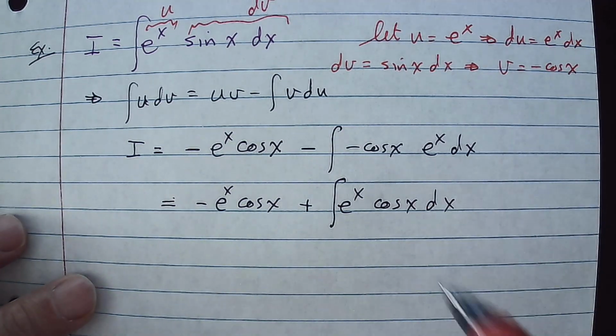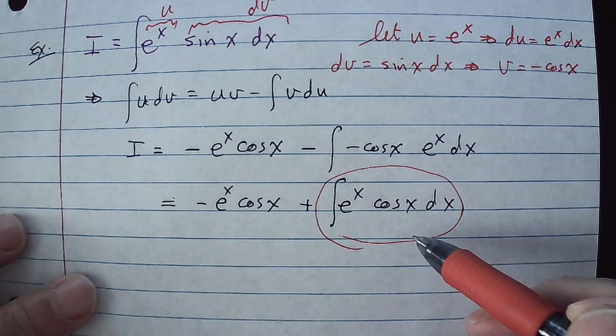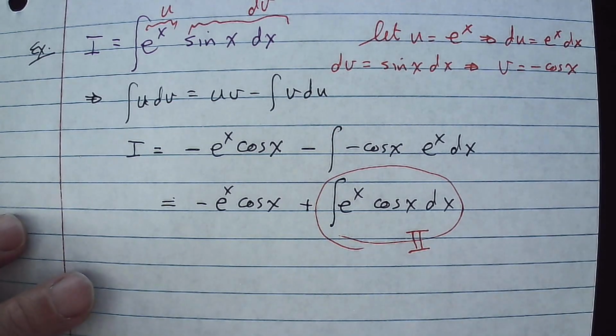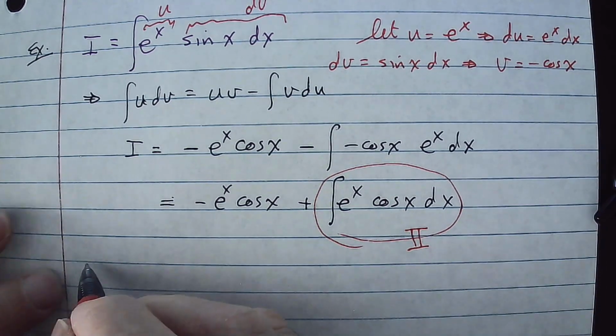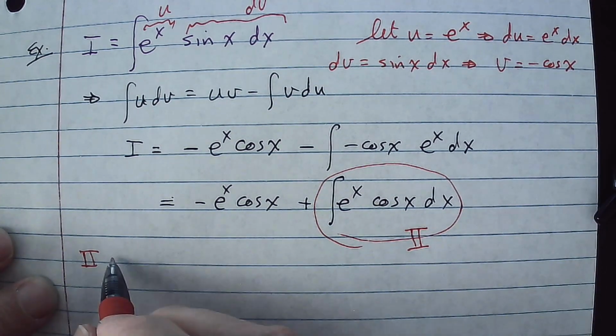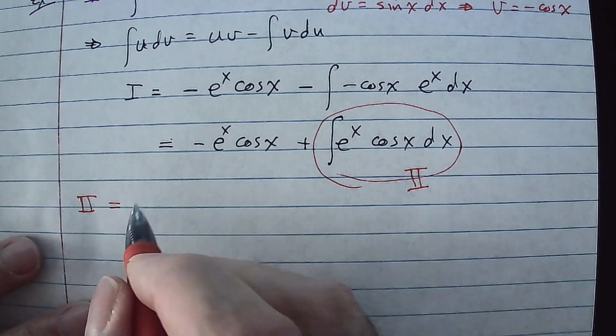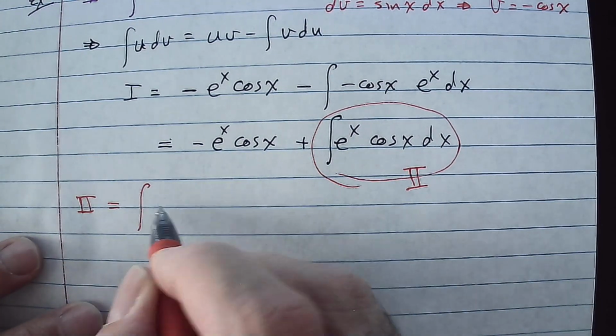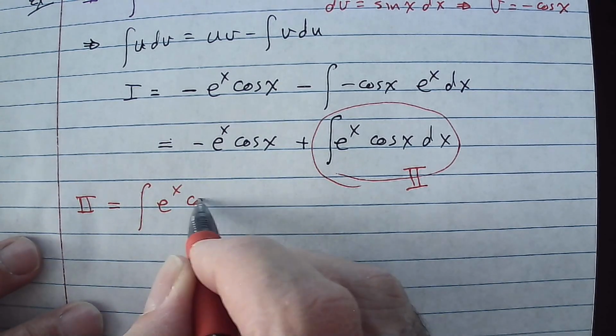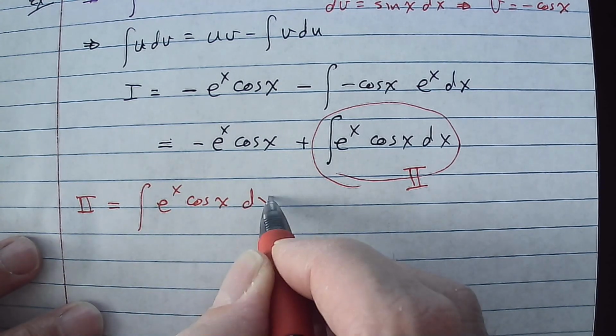So here, I'm going to take this and call it integral number 2 and put it back here as number 2 and work on it again. So the integral e to the x cosine x dx.